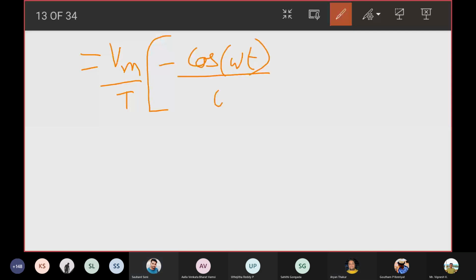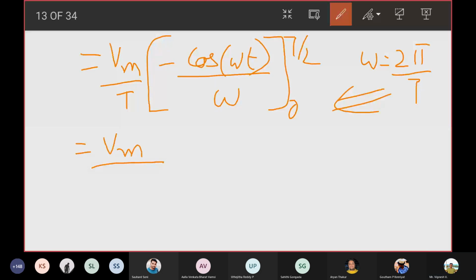So, the limits are 0 to T by 2. And what is omega? Omega is 2 pi by T, right? I'll substitute omega as 2 pi by T here. What do I get? Vm, I take omega outside also, okay? Vm divided by T into omega.